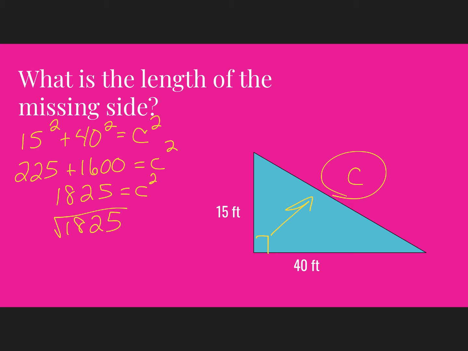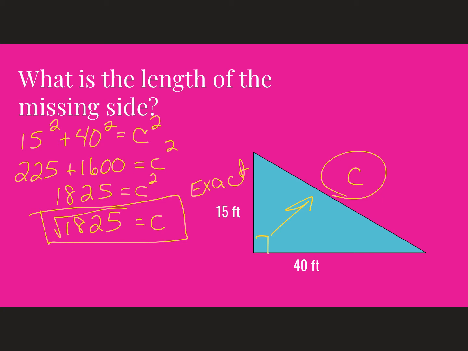Now, in order to solve this, I'm going to take the square root of 1825, and if it's a big number like that, you can do this on your calculator, equals c. This is our exact answer. We can also give an approximation.